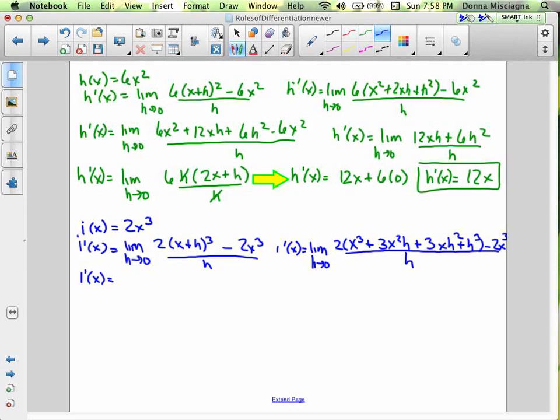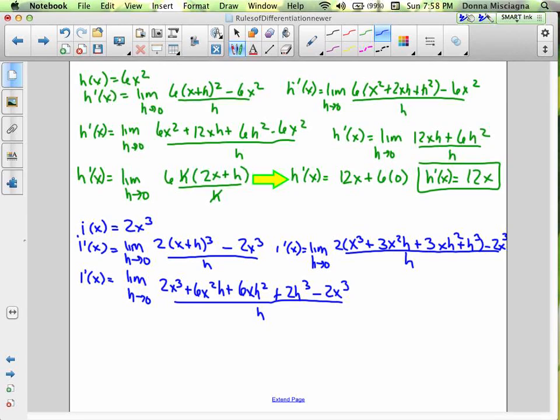All right, so i prime of x equals the limit as h approaches 0. Let's just distribute the 2. So we have 2x cubed plus 6x squared h plus 6xh squared plus 2h cubed minus 2x cubed, all divided by h.